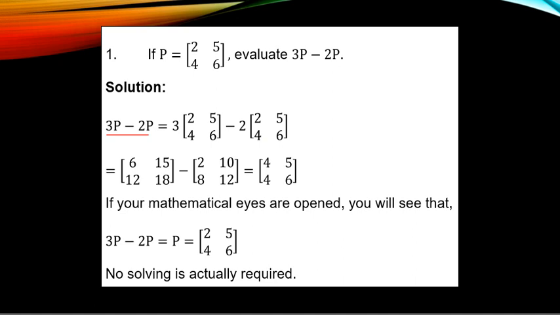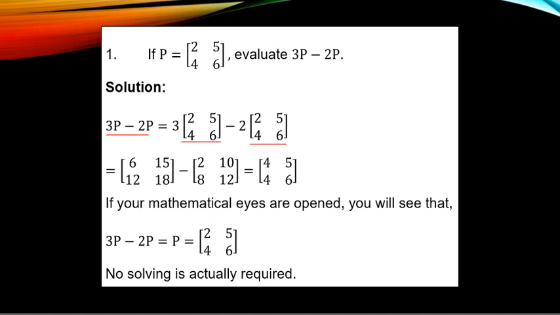So the matrix P is this multiplied by 3 and multiplied by 2. When you are carrying out scalar multiplication, you multiply each entry of the matrix by the number that is outside of the matrix. So you have 3 times 2, 5, 4, 6.